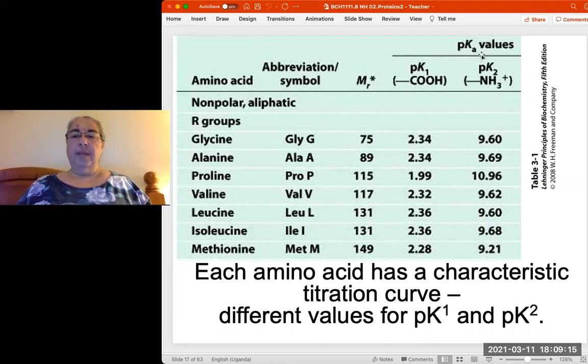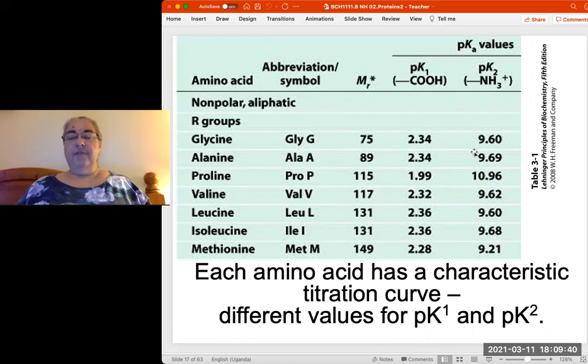Okay, so pK values. pK1 is from the carboxyl group and pK2 from the amino group. And for each amino acid, the value for the midpoint of that point of inflection is given here, and the second one here.